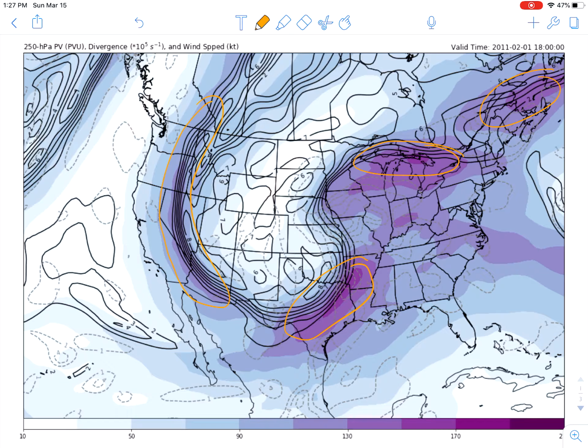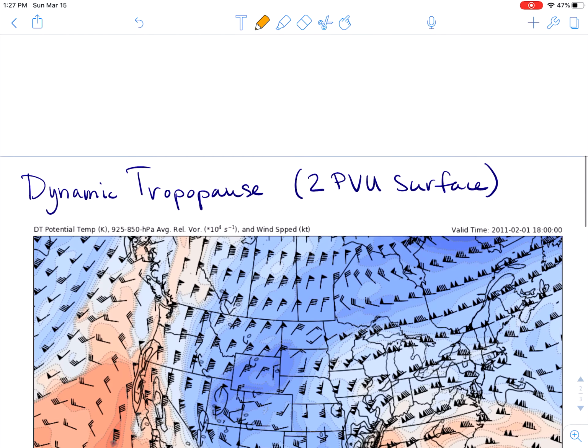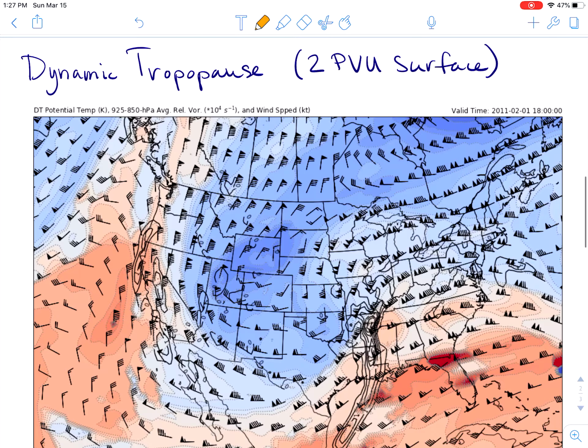Now, this is not the only way we can view our PV. We can also look at something called the dynamic tropopause. And when we're looking at something called the dynamic tropopause, or the DT, what we're really viewing is some sort of PVU surface.